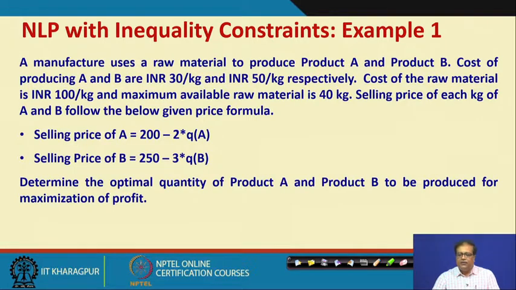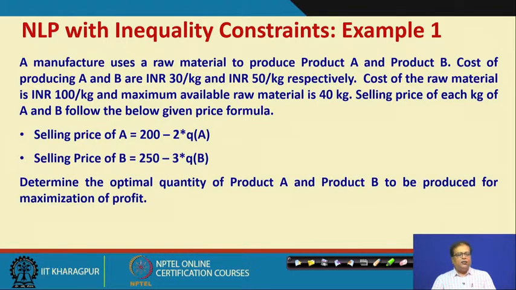For producing these, first of all there is a cost. The cost is 30 rupees per kg for A and 50 rupees per kg for B. The cost of raw material is 100 rupees per kg and the maximum available raw material is 40 kg, right.